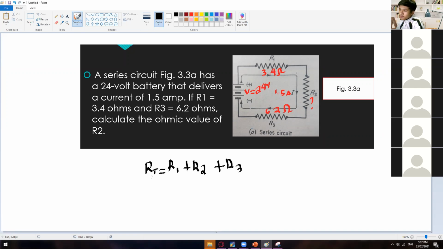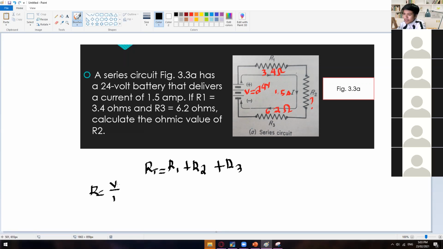So we have to solve for the RT first. For us to be able to get the RT, just take a look at our given values. For the RT, we have V divided by I.